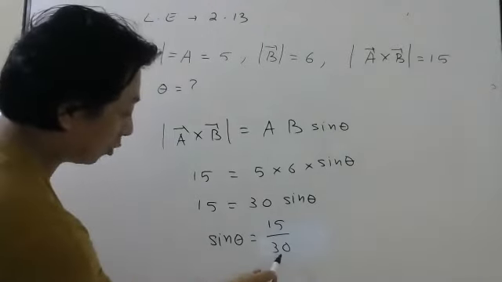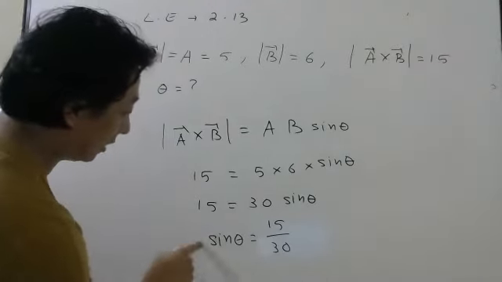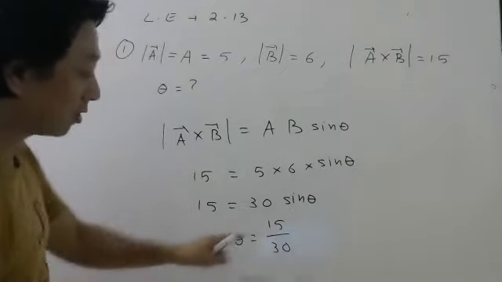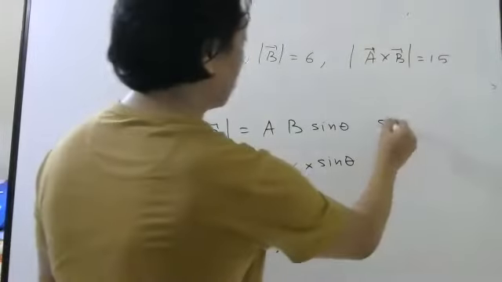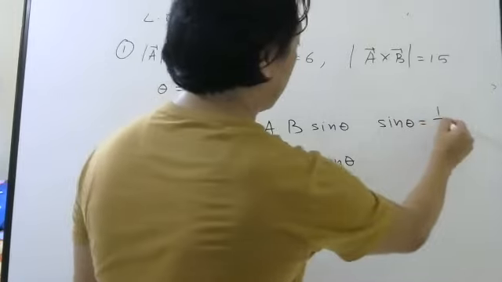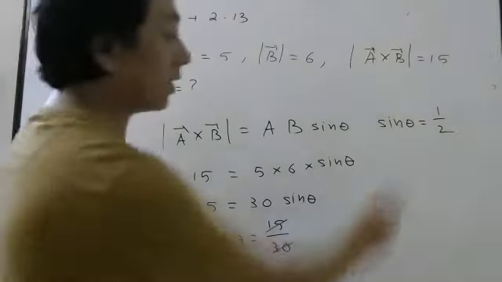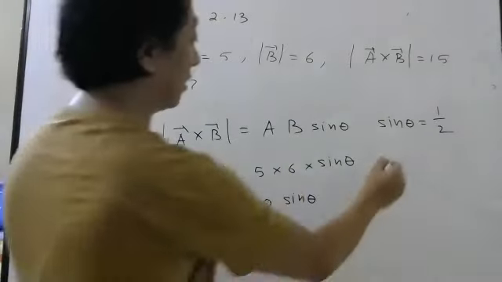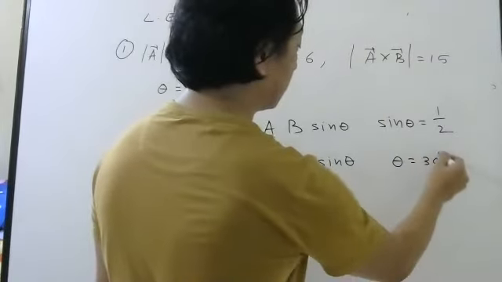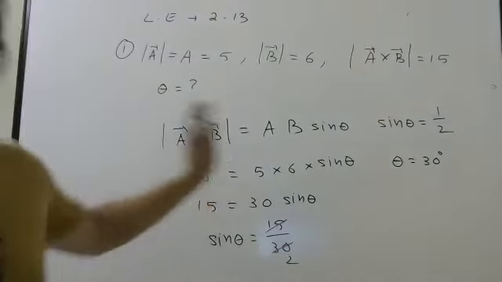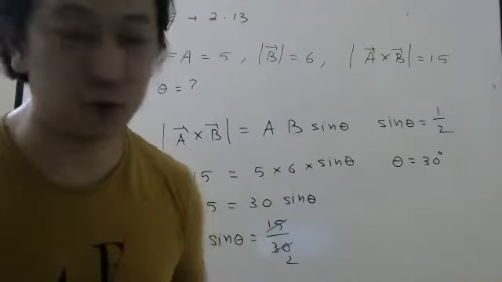Once you check also, if you cross multiply, you should get 30 into sine theta. So sine theta will be 1 by 2. For what angle is sine of the angle half? 30 degree. Standard board problem. Standard question for 2 marks.